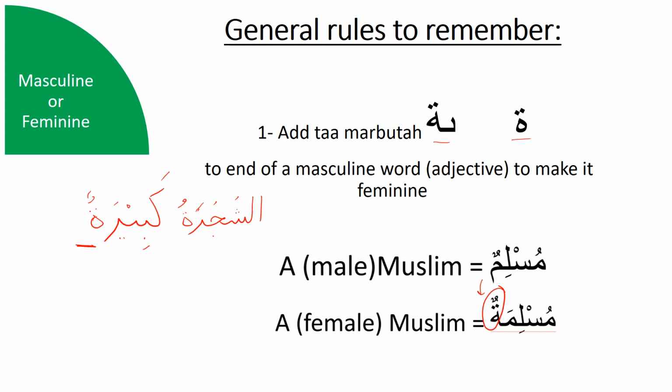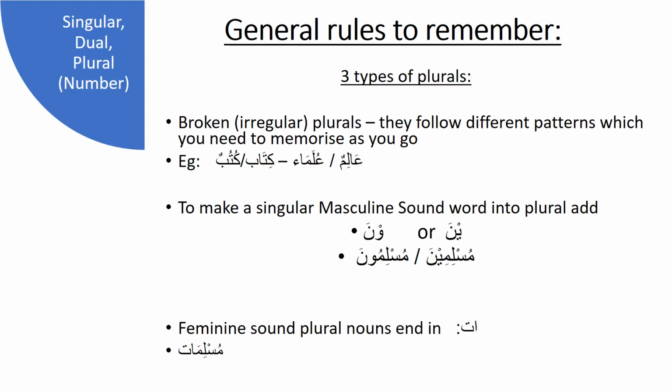For the singular, dual, and plural, we know that there are actually 3 types of plurals. The first type is the broken or irregular plurals. They follow different patterns, which you need to memorize as you go, so that it doesn't follow a specific pattern. You just need to memorize the plural along with the singular. So kitabun is singular, and the plural is kutubun. Alimun means scholar.